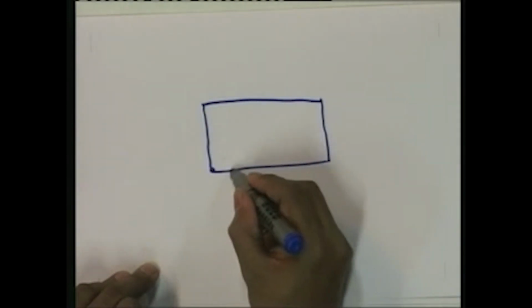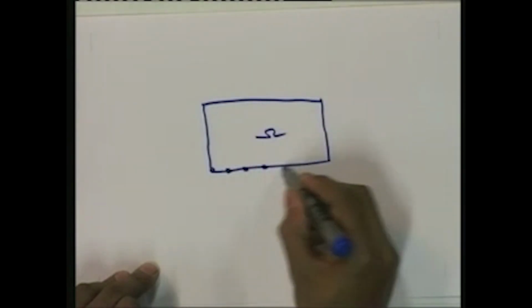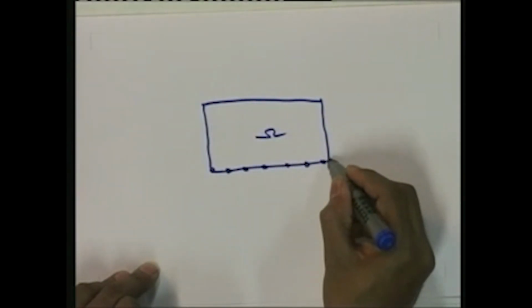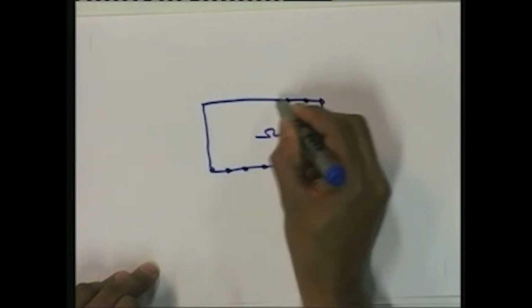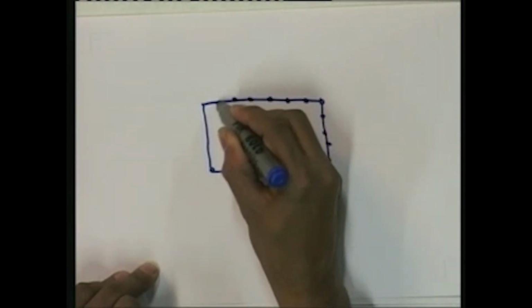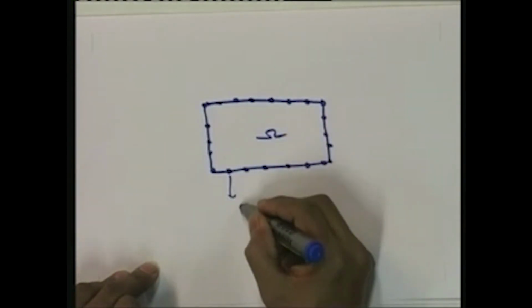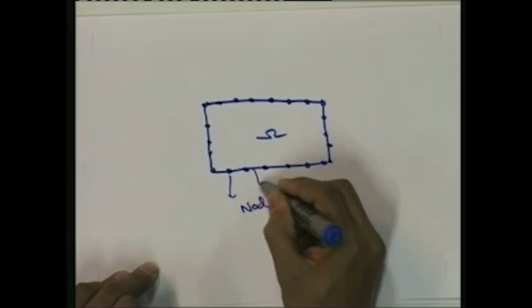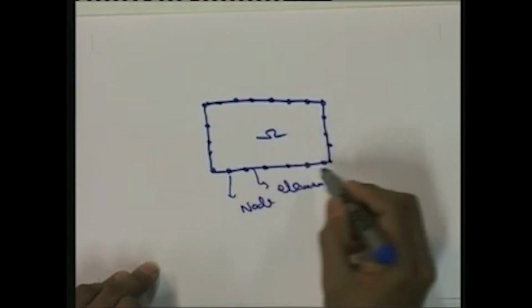For example, in the boundary element method, if this is the domain we are dealing with, we will be discretizing like this using various nodes and elements. This is called a node and this is called an element.